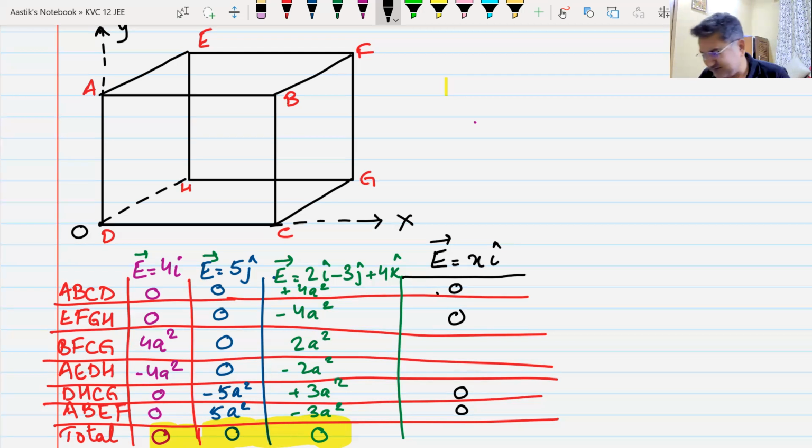Now remember the magic of this x. For this face, which is the pink face, what is the value of x? X square a square by 2, sir.